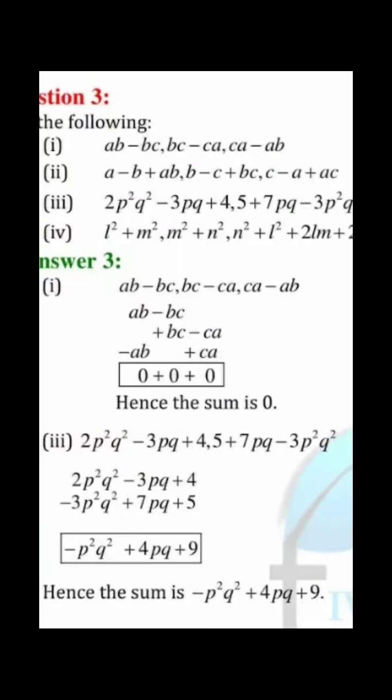Look, first write expression number 1, which is AB minus BC. Then look at the second expression, which is BC minus CA. Do you find any like terms when we compare it with the first expression? What I said, like means having the same variables.